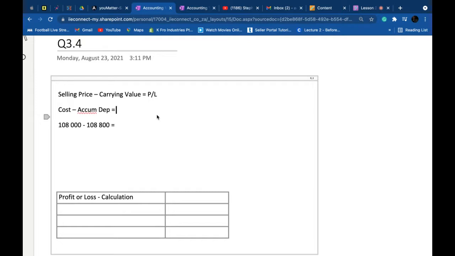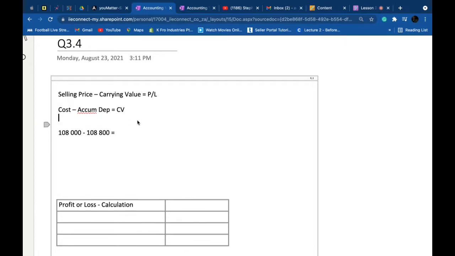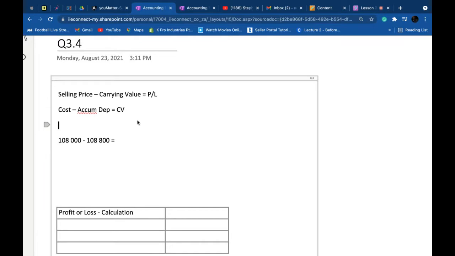If they hadn't given it to us, we would have said the cost, which is 212,500, minus the accumulated depreciation of 105,000, which is 103,700. I don't wear my glasses now because of this mask story.